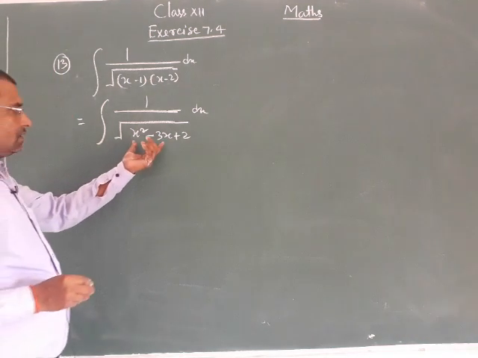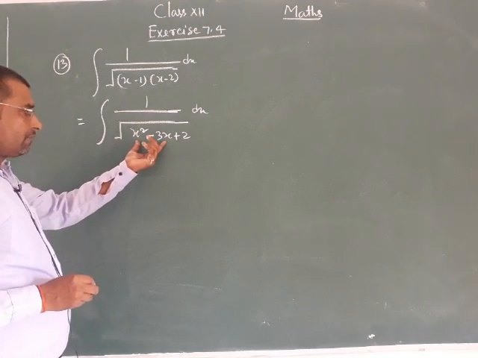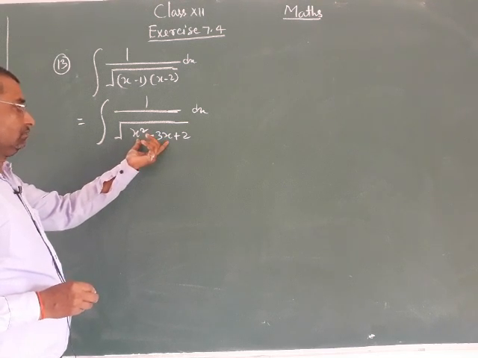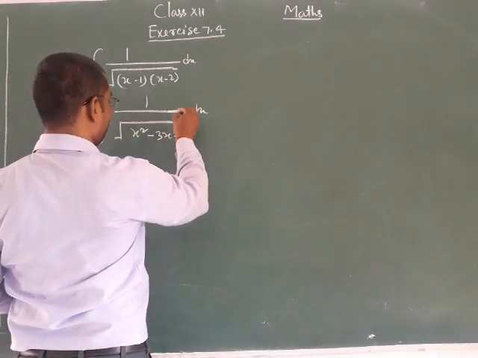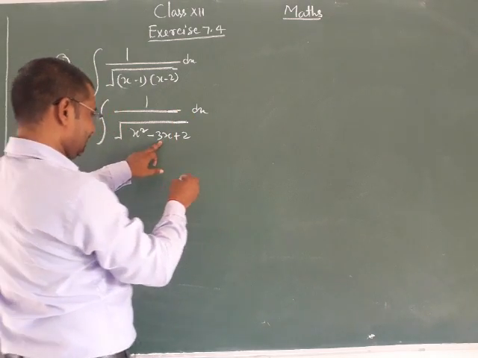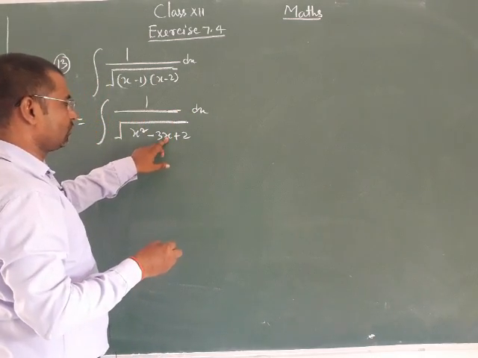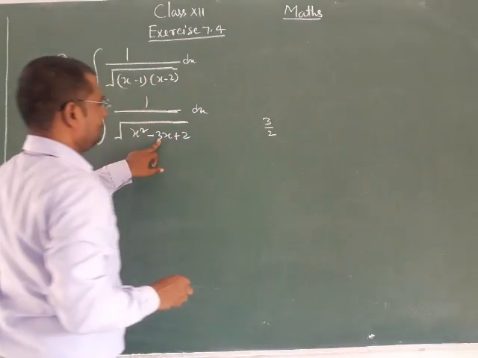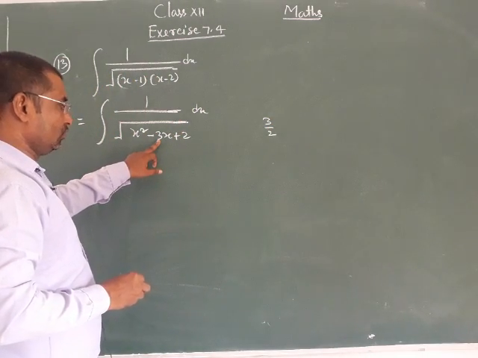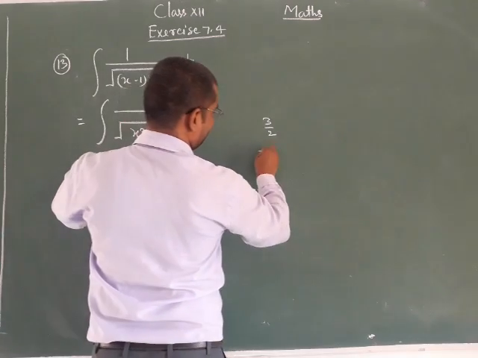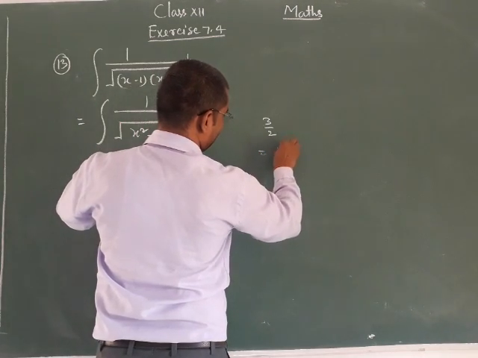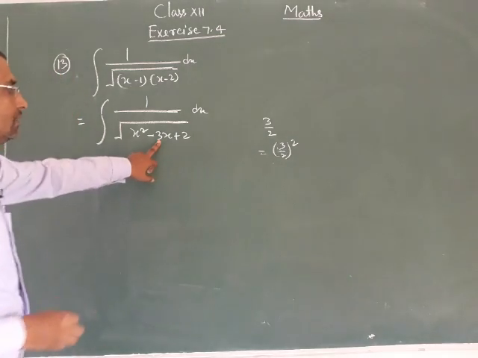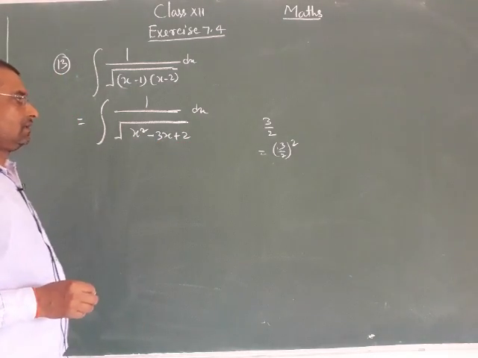So by the completing square method you can solve. In another form, taking the coefficient of x, 3, and half, divide it by 2 and square, 3 by 2 square, adding and subtracting in this way.